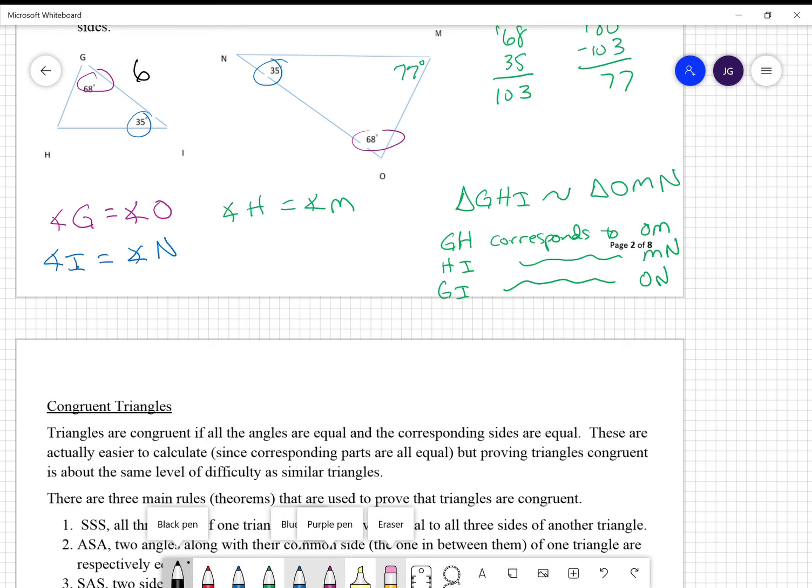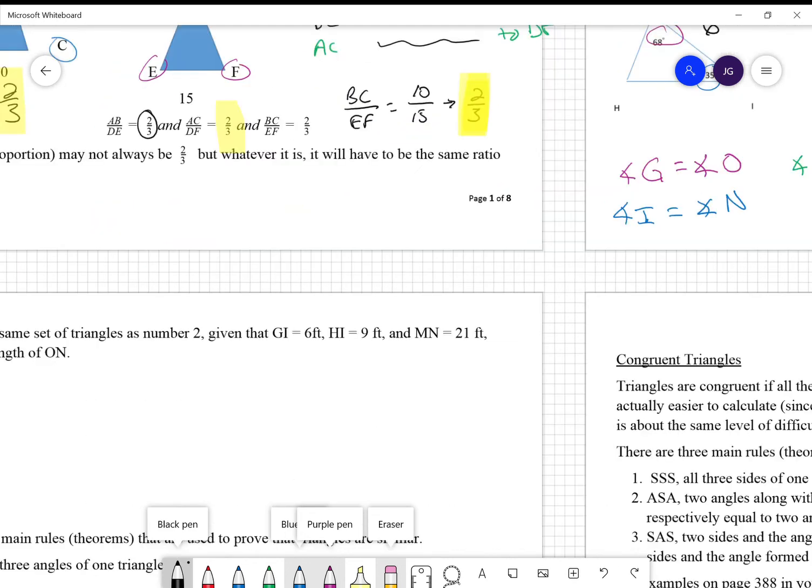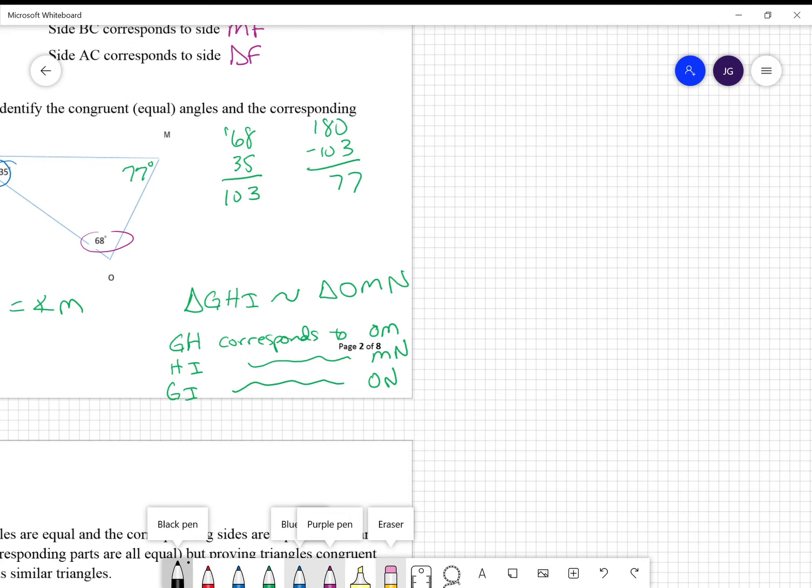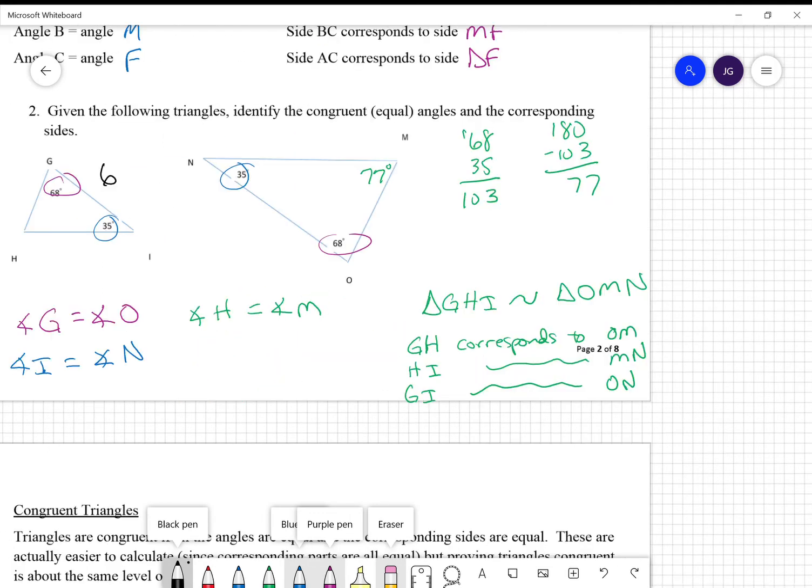I'm looking for ON. HI is 9, and MN is 21.